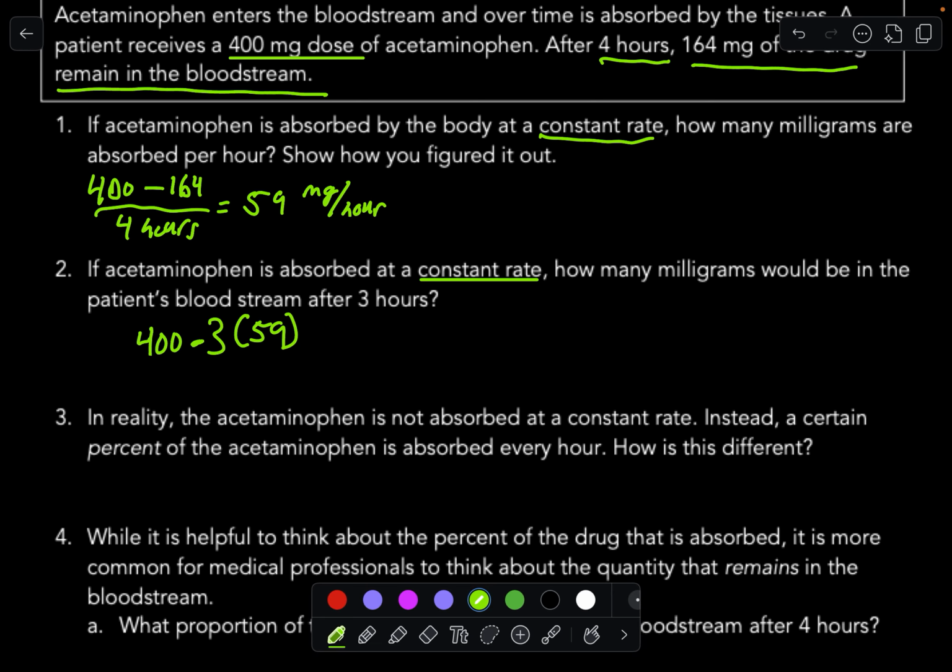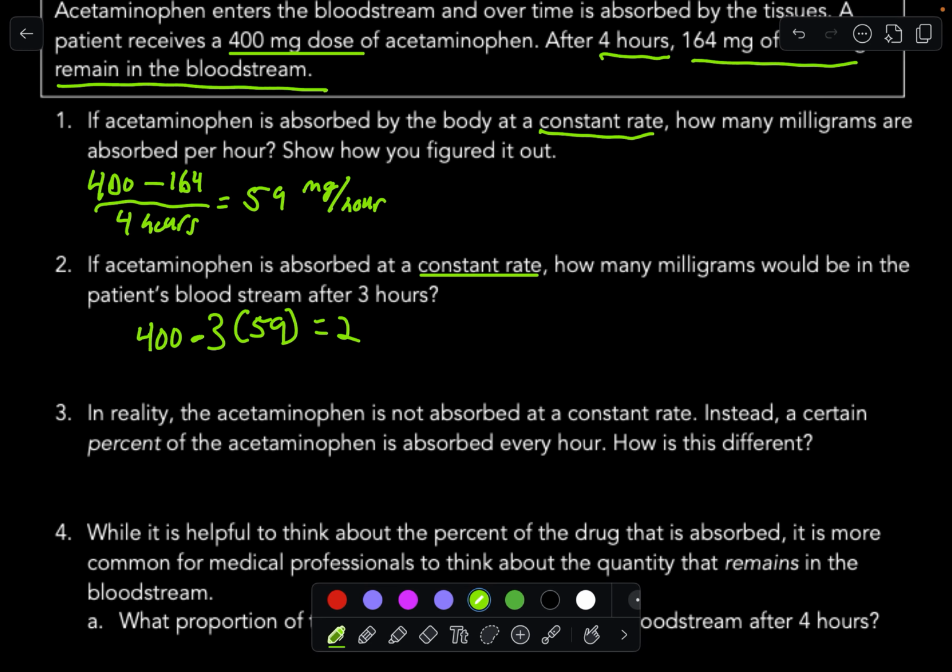And that would work out to be 223 milligrams. Okay? This is linear. All right? Constant rate means it's linear.